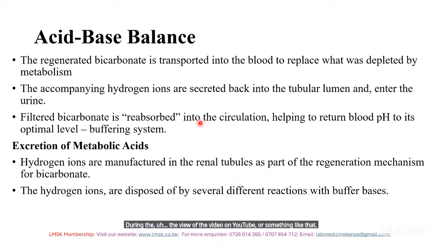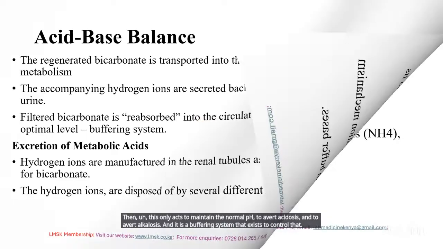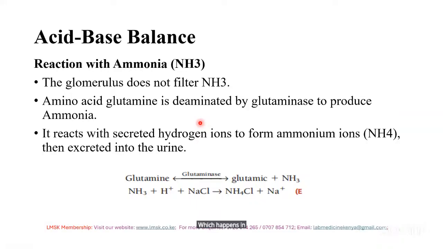Then this only acts to maintain the normal pH, to avert acidosis and to avert alkalosis. It is a buffering system that exists to control that, which happens in the kidneys through the water control, sodium and bicarbonate control, and also hydrogen ion control.